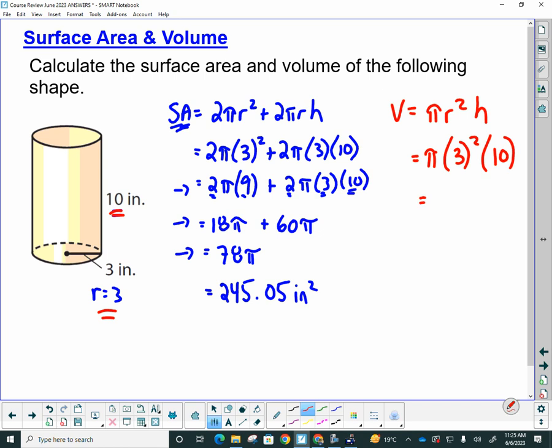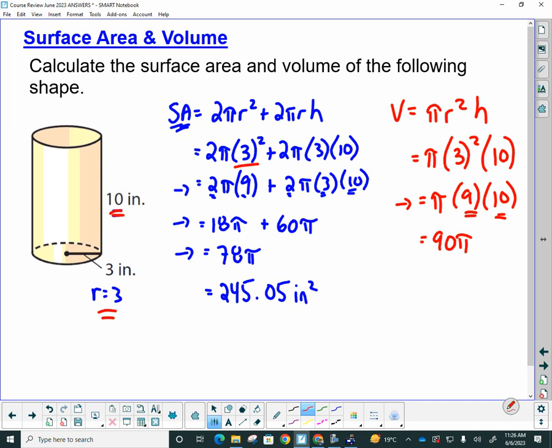BEDMAS, of course, tells me to do exponents first. Just like I did over here in this question, I got to do that here. Now, 3 squared means 3 times 3, which is 9, times the 10 and the height. And again, I might make my life easier by saying 9 times 10 is 90 pi. But you don't need to. You could go to your calculator right now and push pi times 9 times 10.